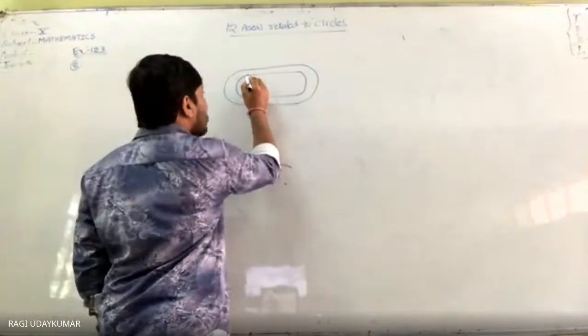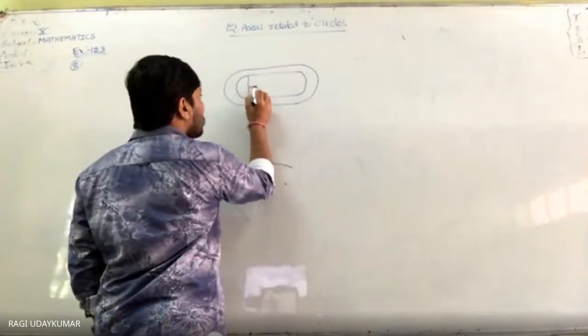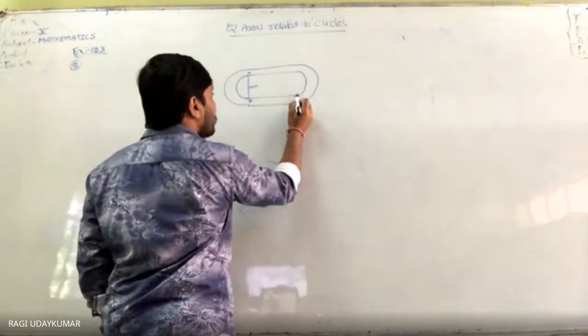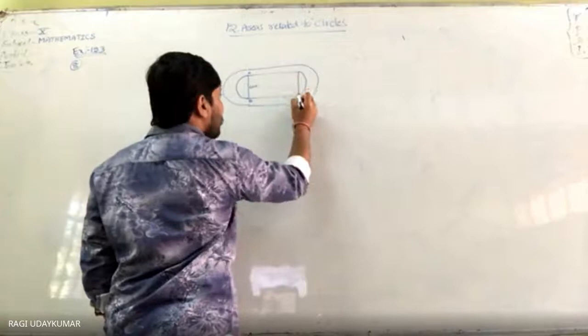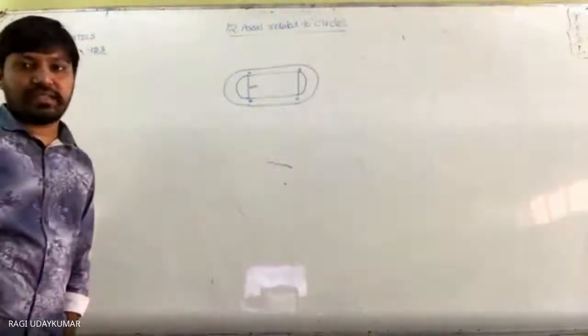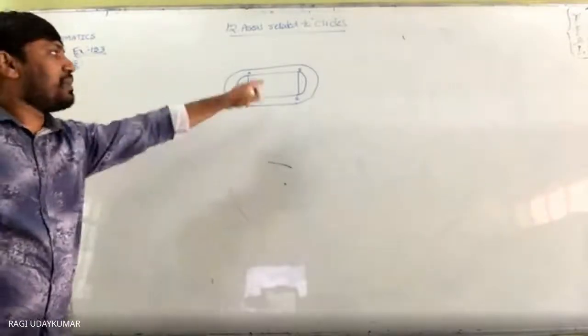Between the inner parallel line segments, the distance is 60 meters. Let us name these points A, B, C, D for our convenience. The track is made like a capsule. One track is made like this.